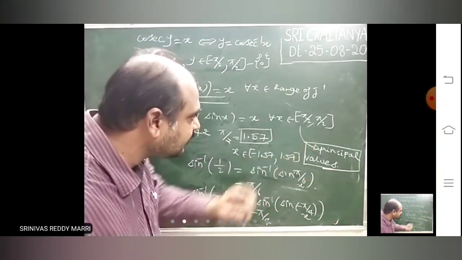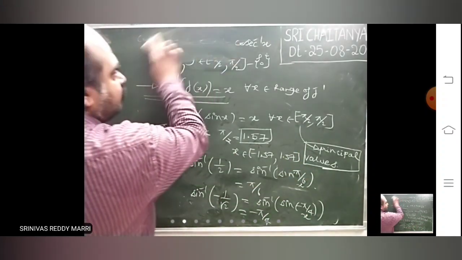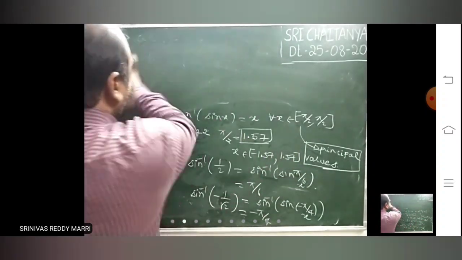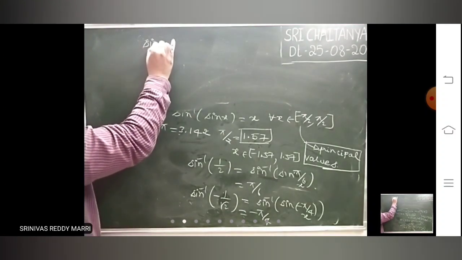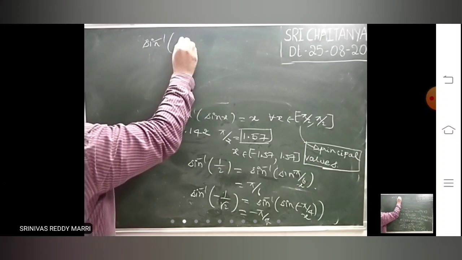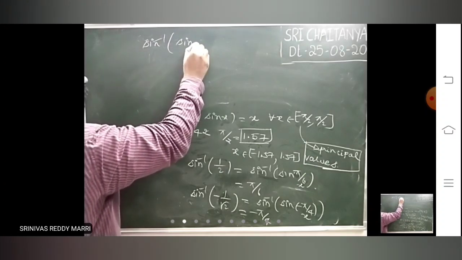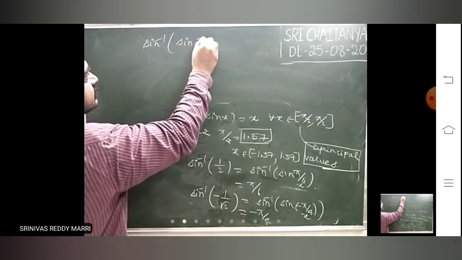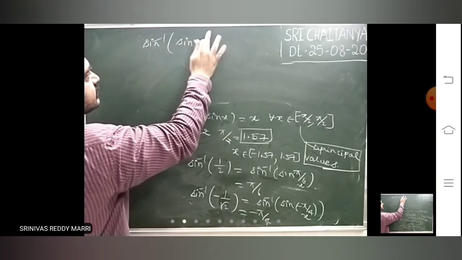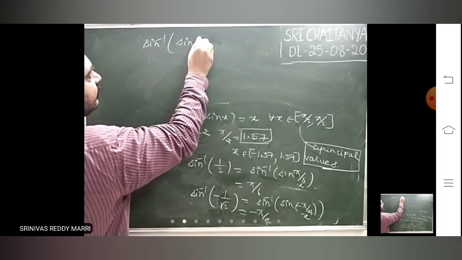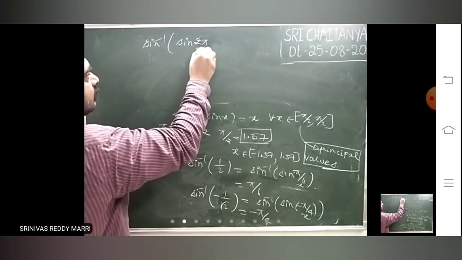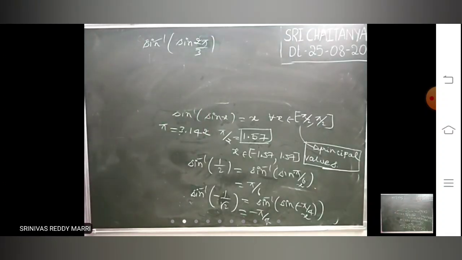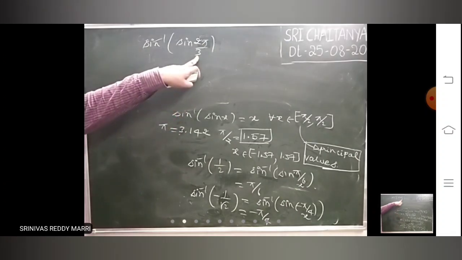Suppose x is not lying in this interval, how to do? Look at sine inverse sine 2 pi by 3.